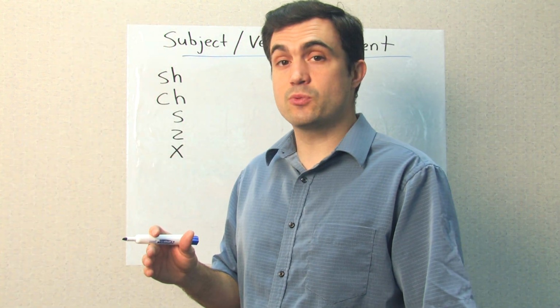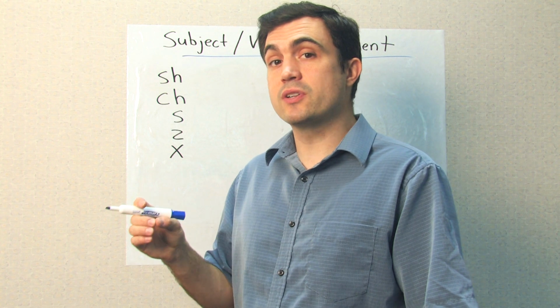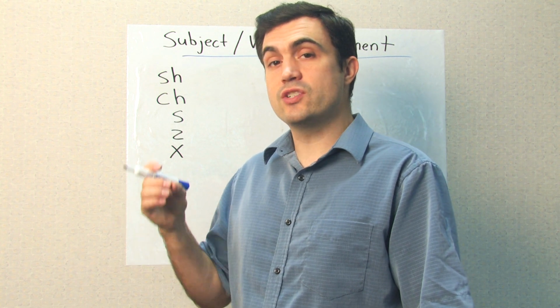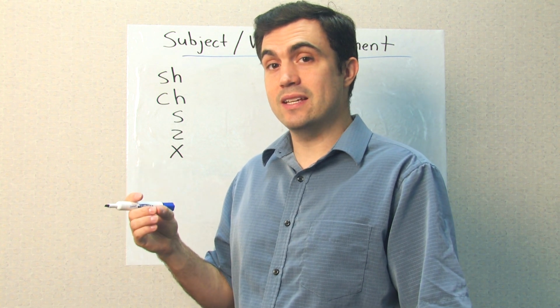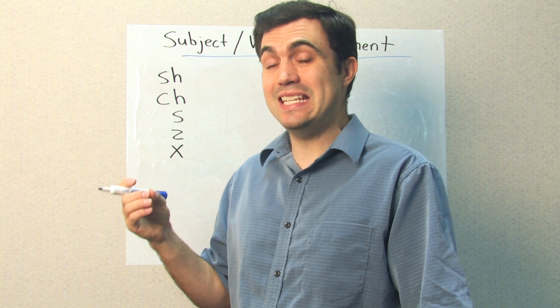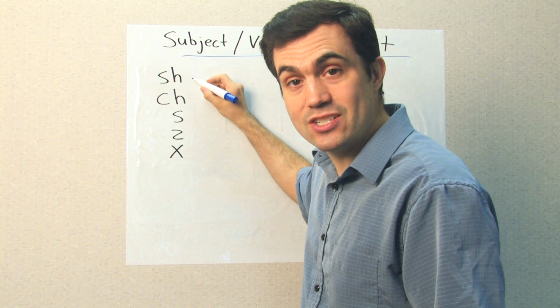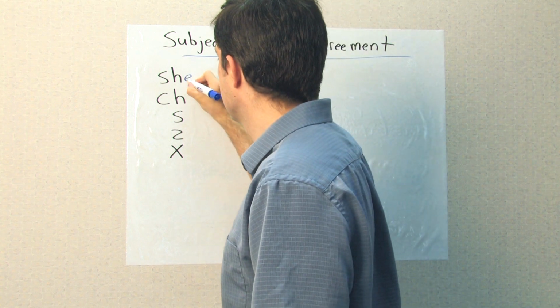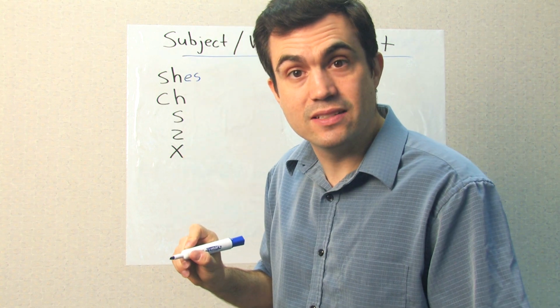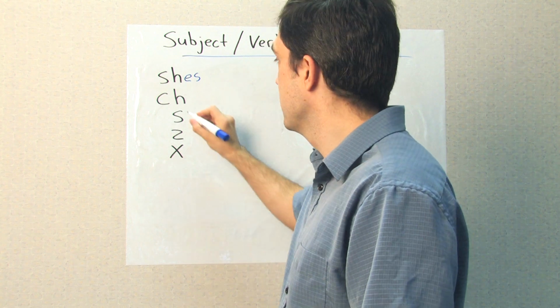Okay, so let's review. In the third person singular, which verbs end in something that gives us an ES? Here they are. SH, ES, shez.